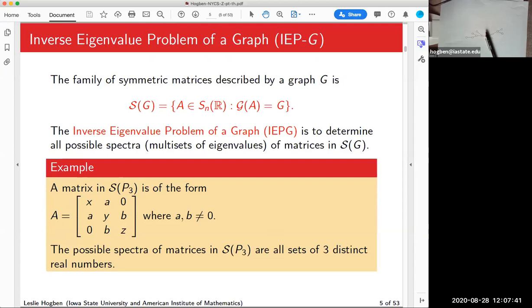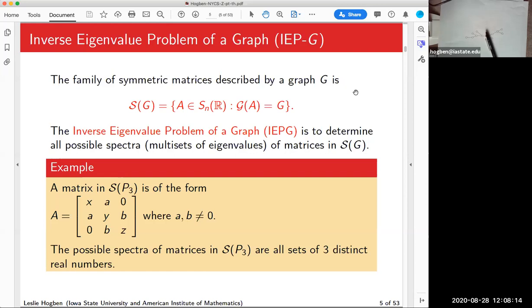As I just mentioned, the big overarching problem for these matrices and their graphs is to determine the possible spectra, or sets of eigenvalues, of the family of matrices described by the graph. So you pick a graph G, and then you consider all real symmetric matrices that have this particular given graph G. And the inverse eigenvalue problem, or IEPG, is to determine all possible spectra of these matrices.